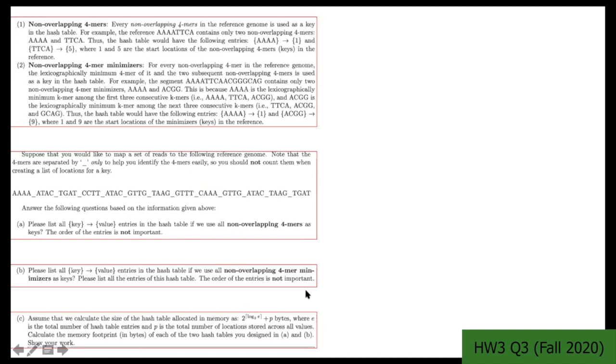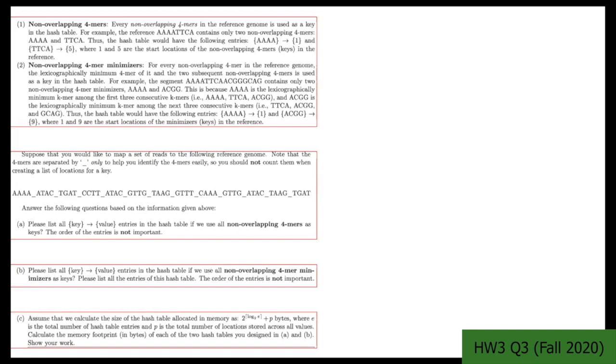In C, assume that we calculate the size of the hash table allocated in memory with this equation, which gives you the memory footprint in bytes, where E is the total number of hash table entries and P is the total number of locations stored across all values, which is basically the second column in the hash table.